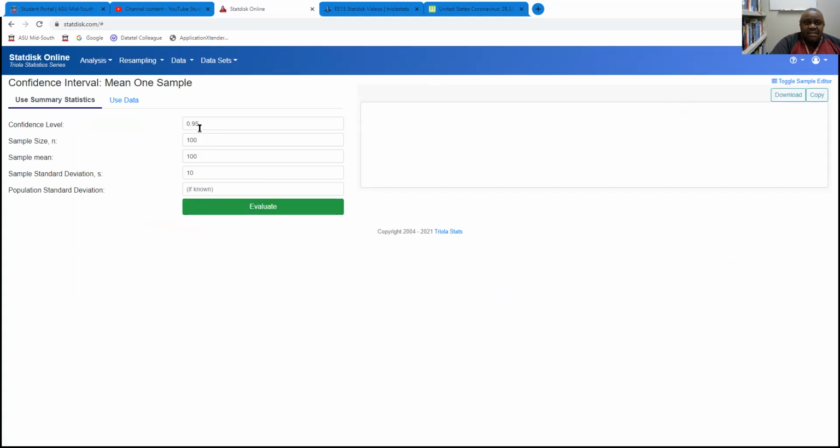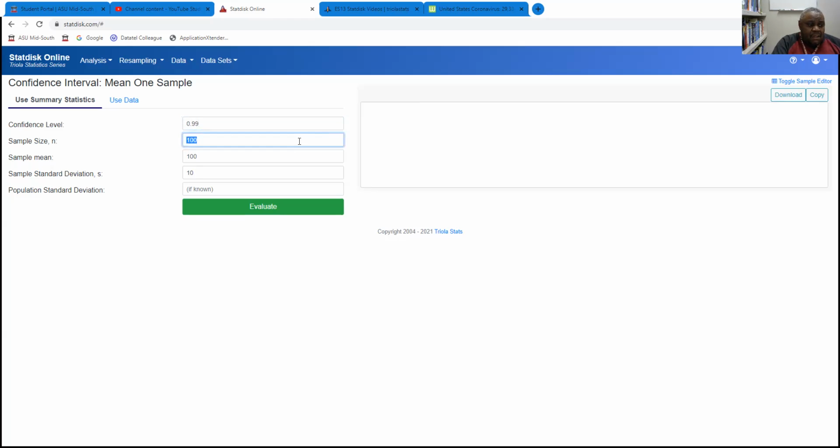And you're going to see this looks like this, mean one sample. The confidence interval, now in this problem, sample problem number 3, it says construct and interpret at 99%. Here they're giving you 0.95 as a default, so that means you need to change this to 99% or 0.99.